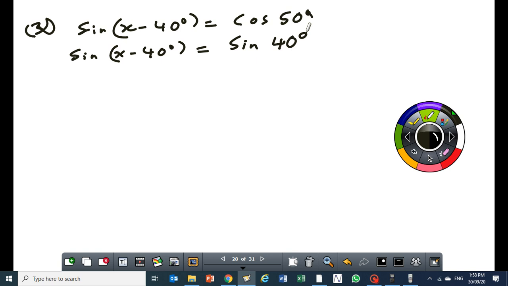Then, since we have sine on the left, sine on the right, it means that the angles x minus 40 degrees is equivalent to 40 degrees. And I've explained why in the previous example. So I can drop that and write x minus 40 degrees is equal to, since this is sine here, our reference angle is going to be 40 degrees.